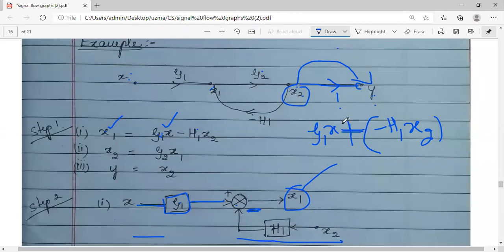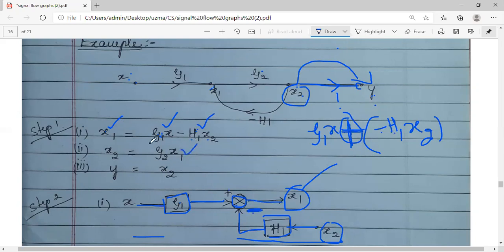As there is a summation in between two, use one summing point. And what is the one more term? x2 into h1. So from x2 signal variable, take one gain parameter, put a block and put inside h1. And both are to be added. But as h has got a negative sign, it means it is a negative feedback. So plus minus, this is your output x1. Okay, this is first equation.